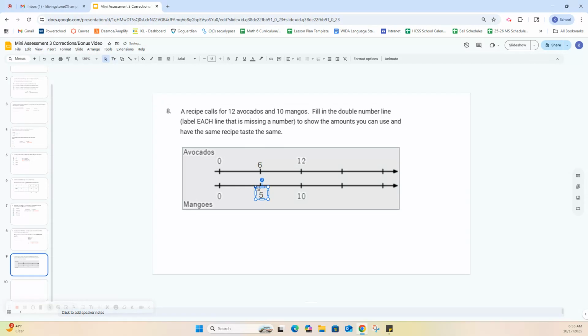So now notice the top number line is counting by 6s, the bottom number line is counting by 5s. So we have 6, 12, then this would be 18, and then the next number line would be 24.